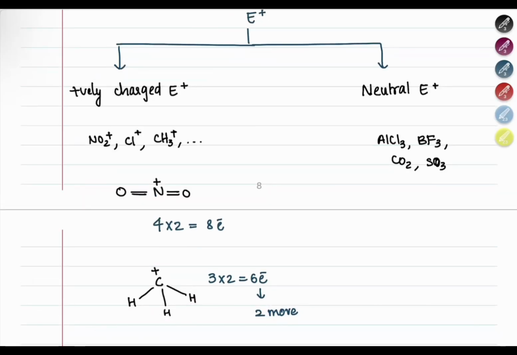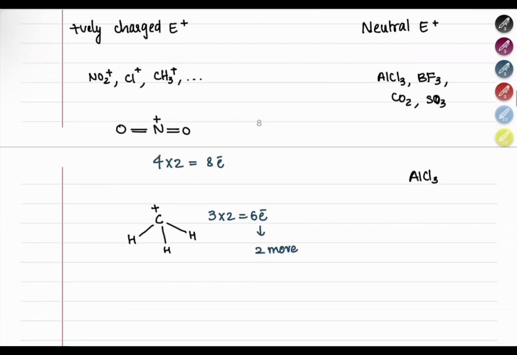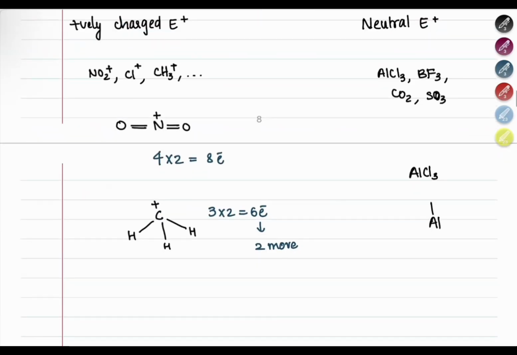So now we'll see the case of neutral electrophiles. First we'll take AlCl3. There is an aluminium and 3 chlorine atoms attached to the aluminium. If we count the total number of electrons here, 3 bonds into 2, so total 6 electrons. Again, aluminium needs 2 more electrons to complete its octet. So that's why this AlCl3 is electron deficient.